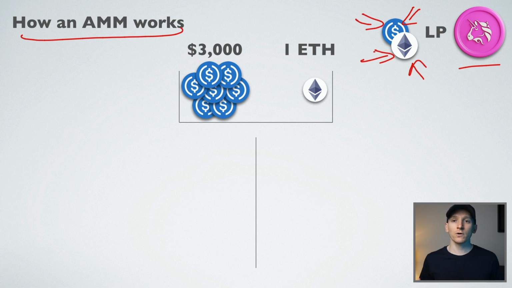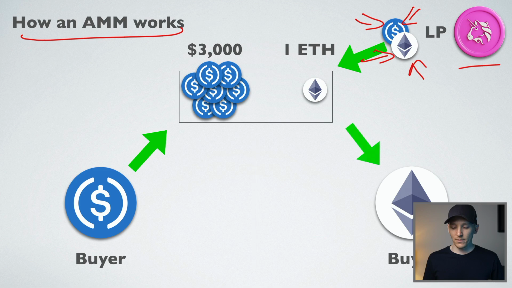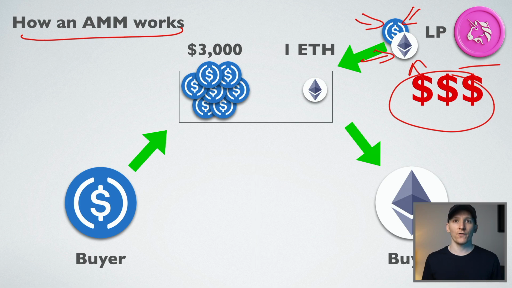Now, when traders trade, they pay trading fees, and the majority of those trading fees, instead of going to the exchange, actually come back to us as liquidity providers. So what will happen right here is that if a buyer comes in, he'll put some USDC into the pool, and then the automated market maker will give him some ETH back and charge a trading fee, which comes back to us. This is how Uniswap does it.